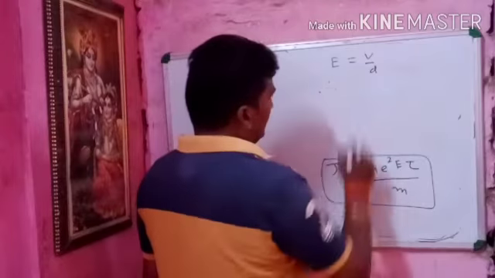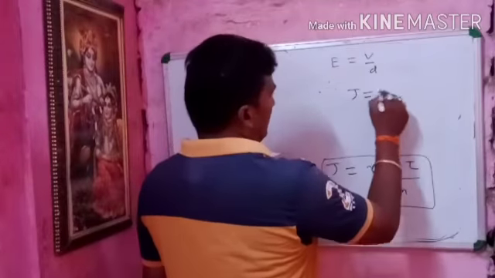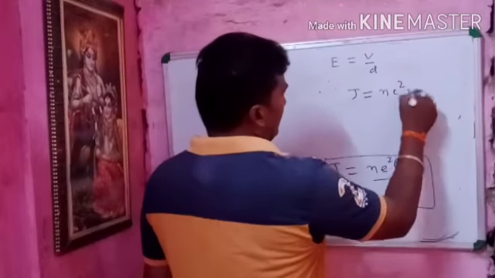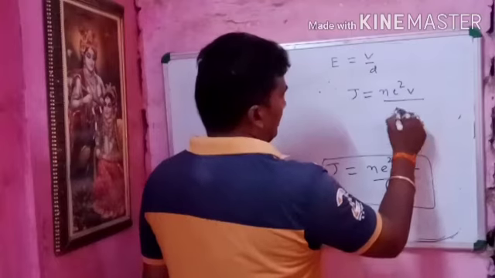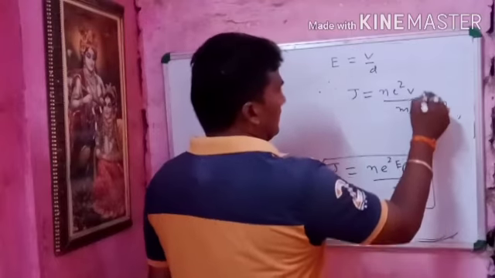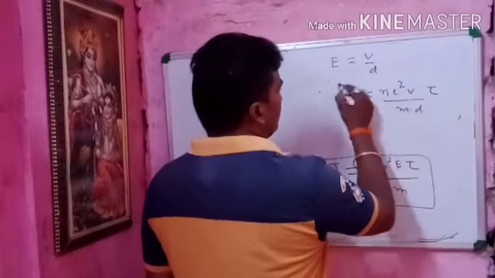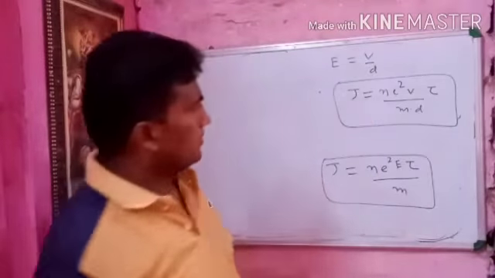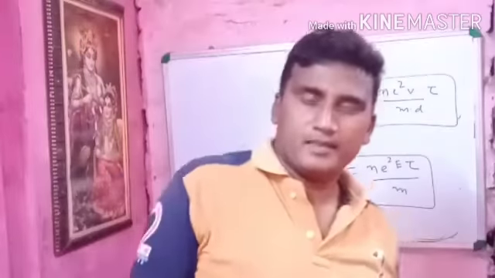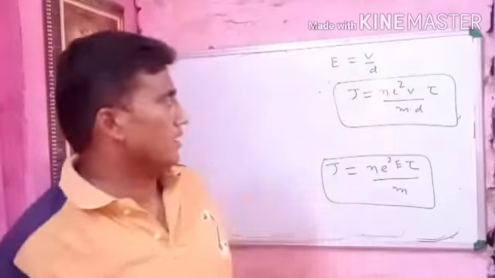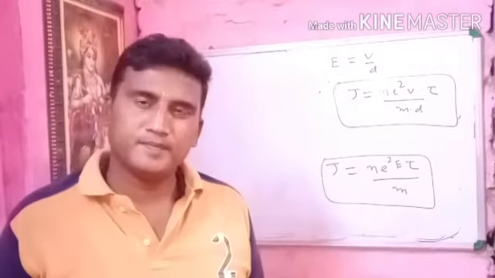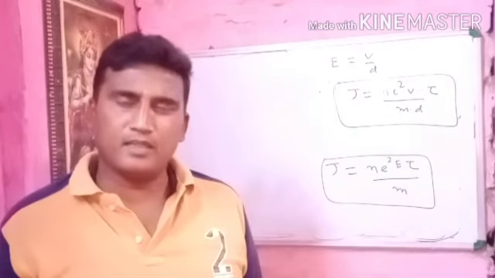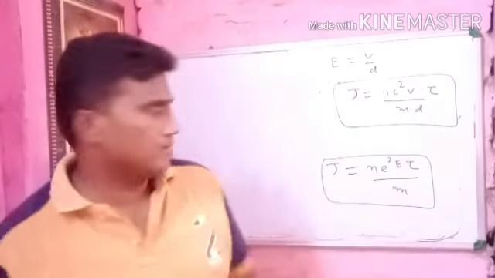Therefore, J is equal to N e square V by d, which is also written as N e square V tau by m d. The new component is stabilized for the current density in terms of electric potential, relaxation time and the number of transforming charge.